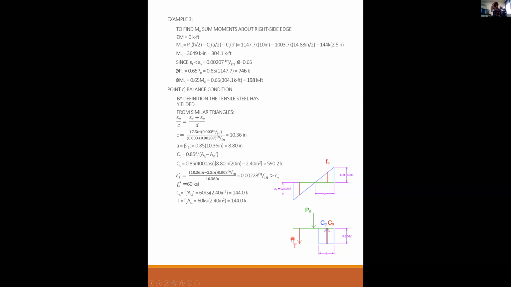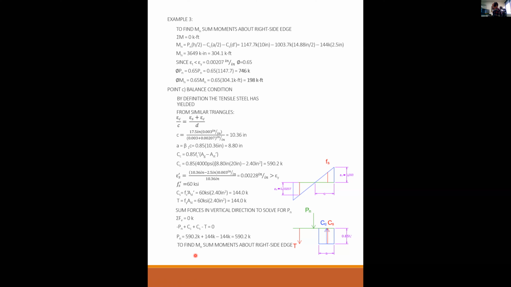Sum the forces in the vertical direction. I have minus Pn plus C_c plus C_s minus T. So I have 590.2 plus 144 minus 144, which is 590.2 kips.